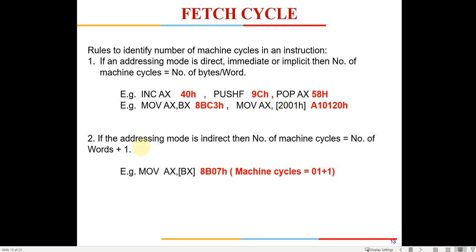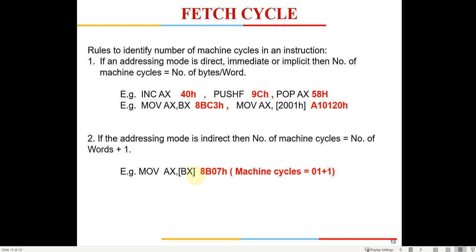Okay, now in the indirect addressing mode, we write MOV AX, [BX]. This is a 16-bit opcode, so 16 bits can be transferred in a single machine cycle. So this will be transferred into one of the registers in the BIU. You have 6 registers, right, in the queue part also. So this will be brought there, but the data available here is BX.